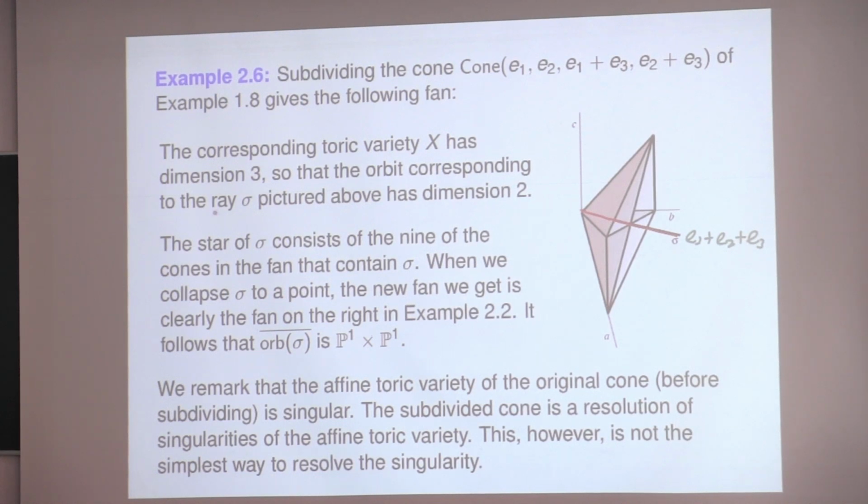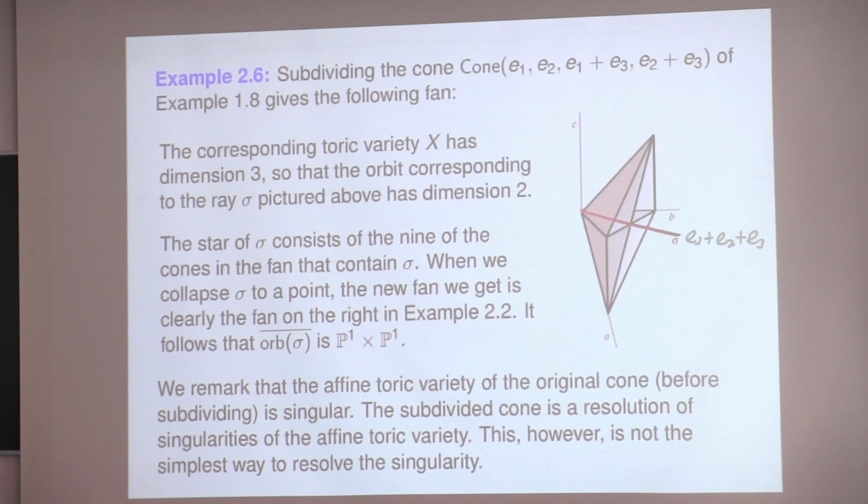And my cone is a ray, so dimension 1. It means that the corresponding orbit closure has dimension 2. So inside my 3-dimensional toric variety, we have some 2-dimensional subvariety that is also a toric variety for a different torus. Then it has its fan.